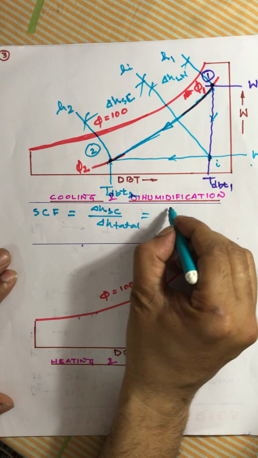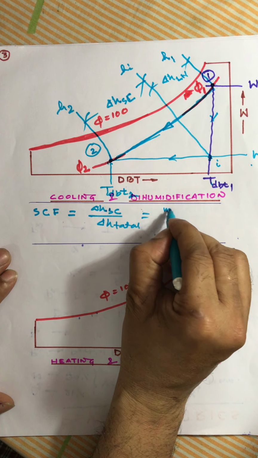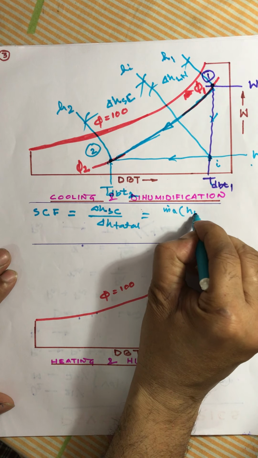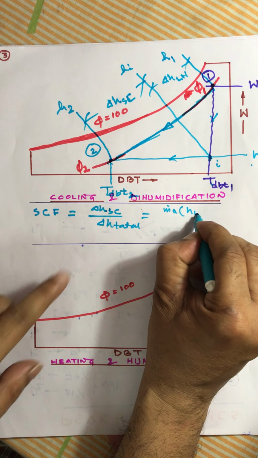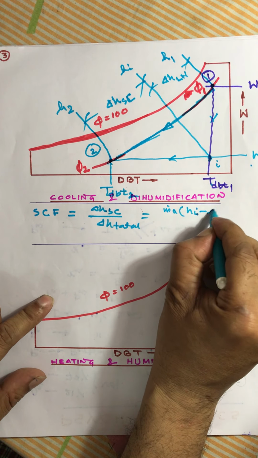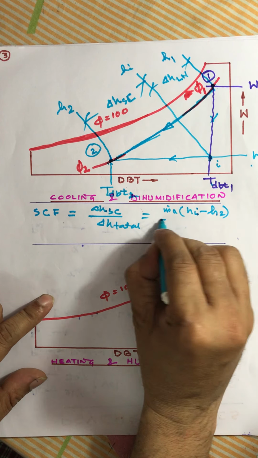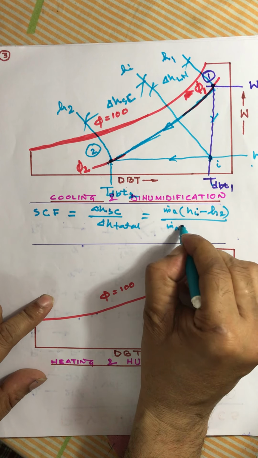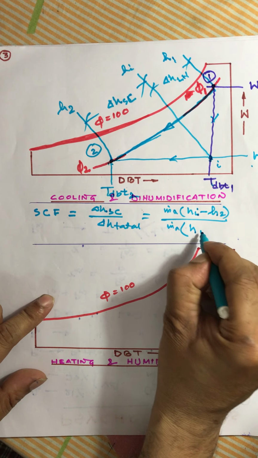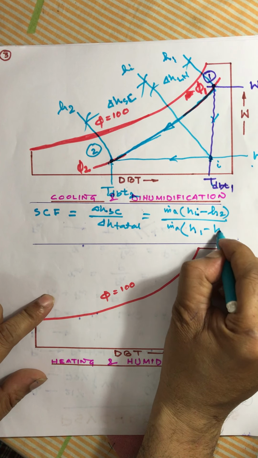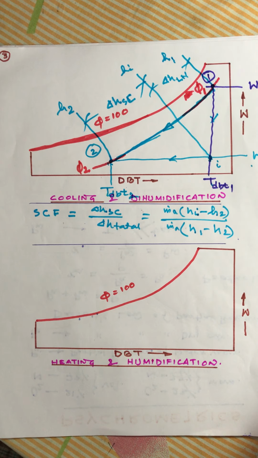That means we can write mass flow rate of air into Hi minus H2, divided by mass flow rate of air into H1 minus H2. So, that is the sensible cooling factor. Clear?